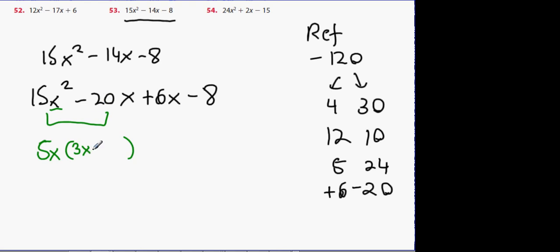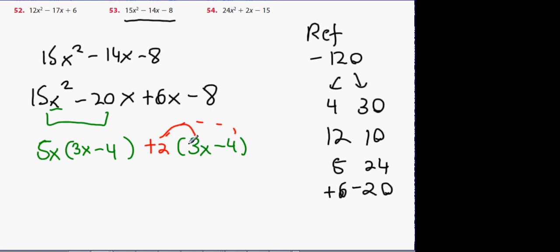Minus 4. What do we know about the second bracket? Gotta be the same. What number goes in here? What number multiplies by 3x to give you 6x? 2. Does 2 multiply by minus 4 to give you minus 8? Yes.